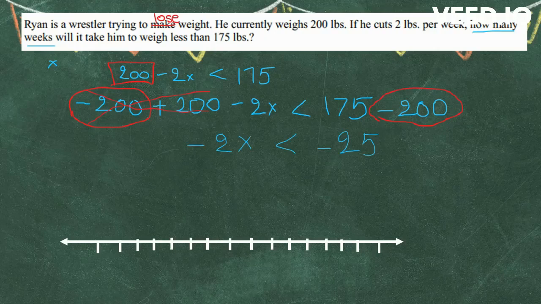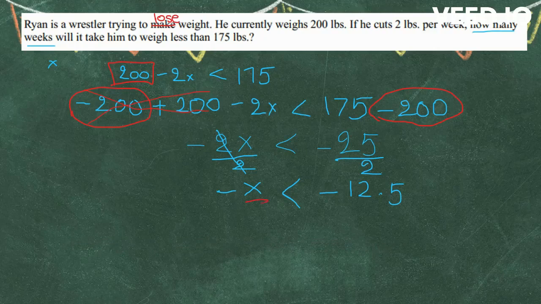We need x, not minus 2x. So first let's divide by 2 and see what happens. 2 and 2 cancel out. We are left with minus x. Take care of the sign there. Minus x is less than minus 12.5, but we need x, not minus x.